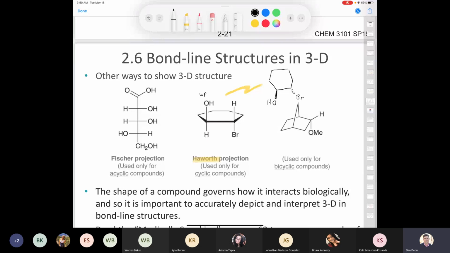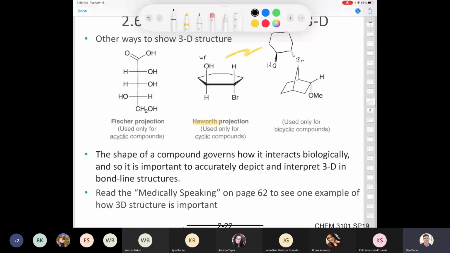And the reason why the three-dimensionality of a molecule is so important is because it's going to govern how the molecule interacts biologically, right? If you take a look at the Medically Speaking, I think it goes into some detail about receptors and molecules and how they bind to receptors.